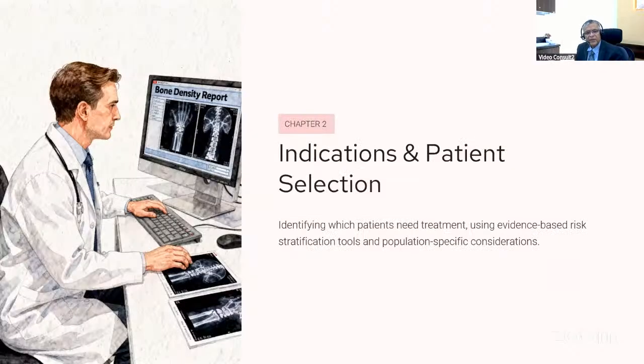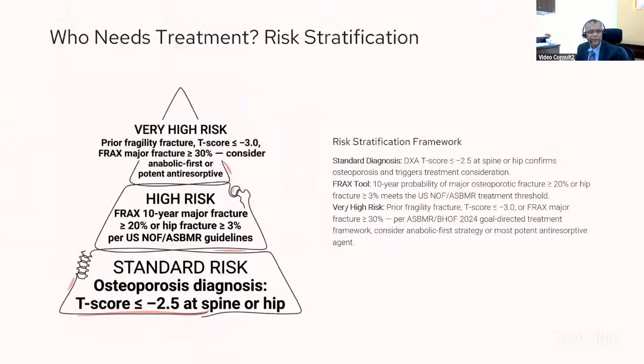So the next question is indication and patient selection. Who are the patients who need antiresorptive, who needs an anabolic, who needs a continuous therapy, and who needs a concurrent therapy? So who needs treatment?